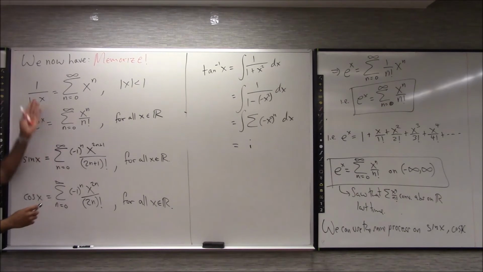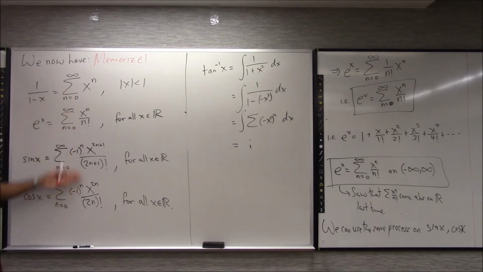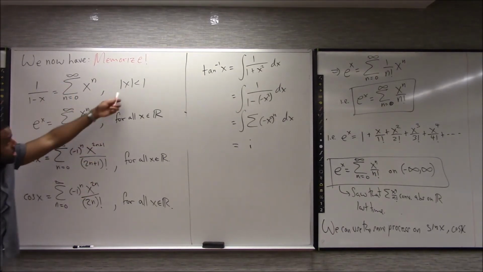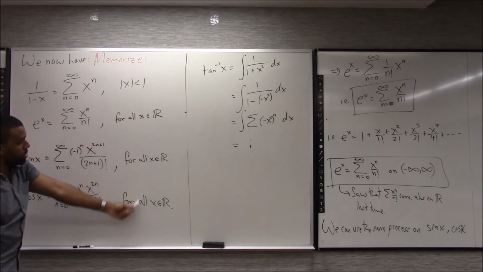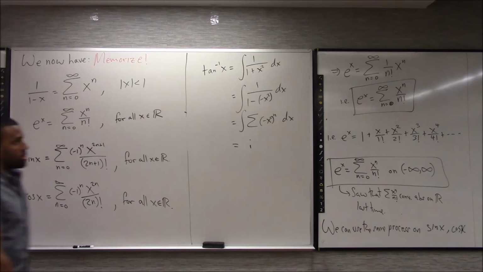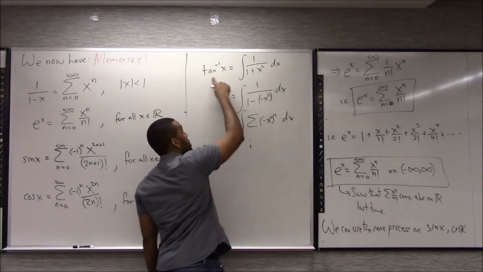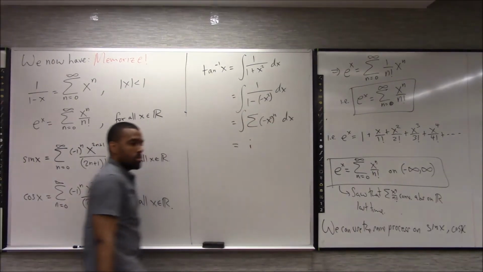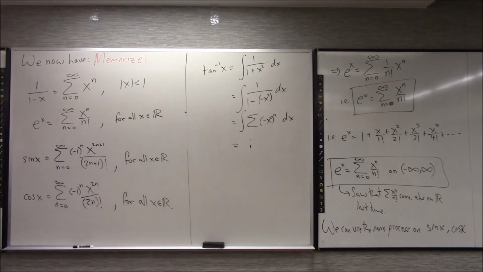So once you know these guys and you can finagle other functions to look like them, then you can use this form of the power series and just swap them in. And because whenever you're on this interval they're absolutely convergent, you can swap the integral and derivative and just find the power series for this guy by just integrating that function. So you can find power series for all kinds of functions by building on these.